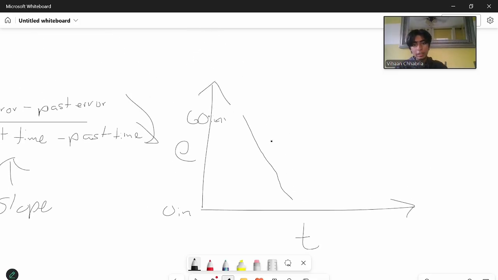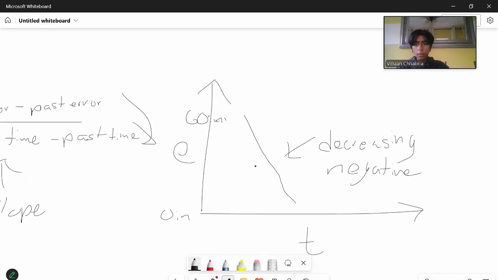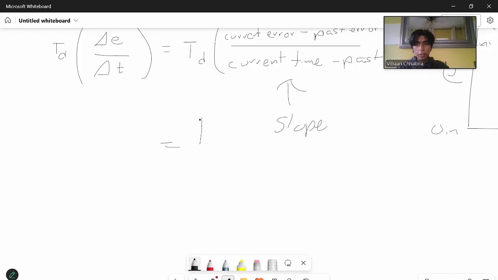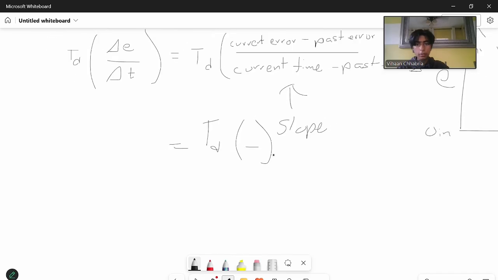So when the slope is decreasing, as in this case here, or negative in other words, it would be the D constant times a negative slope.